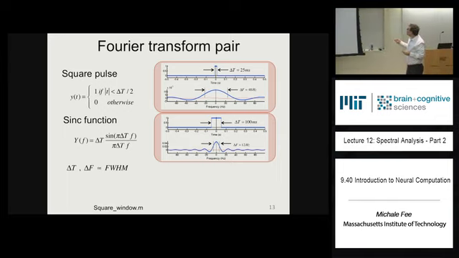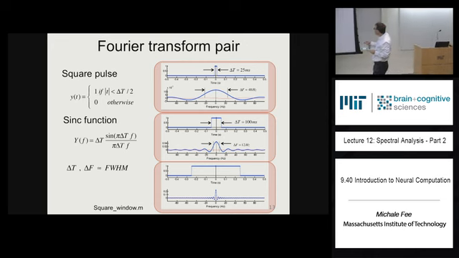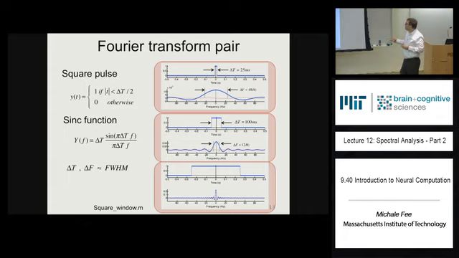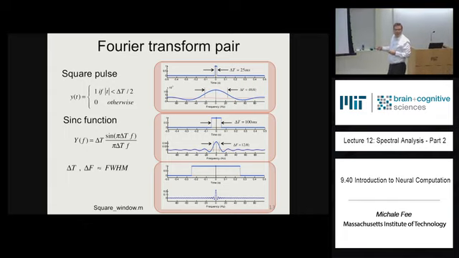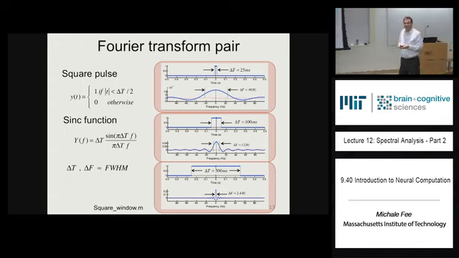If this is 4 times narrower, then this width will be 4 times wider. What happens if we have a pulse here that is 500 milliseconds long? So 5 times longer, what's the width of the sinc function going to be? It'll be 5 times narrower than this, so a little over 2 hertz. Does that make sense?